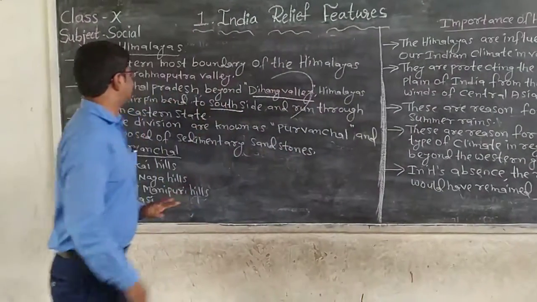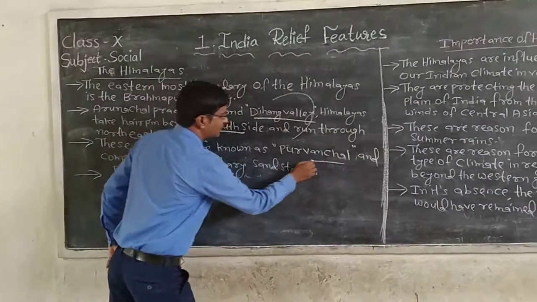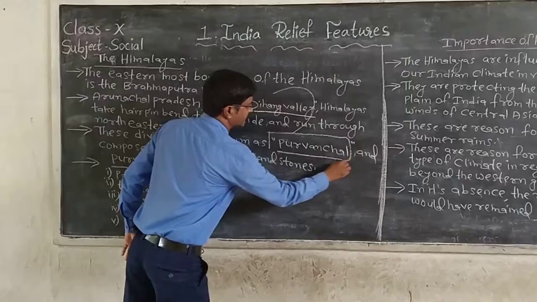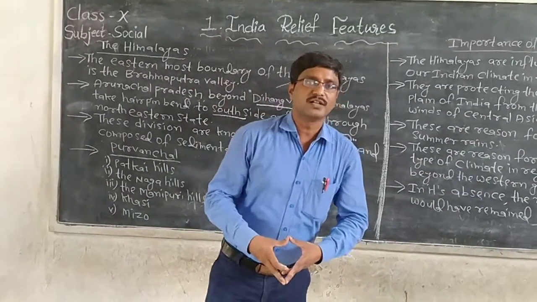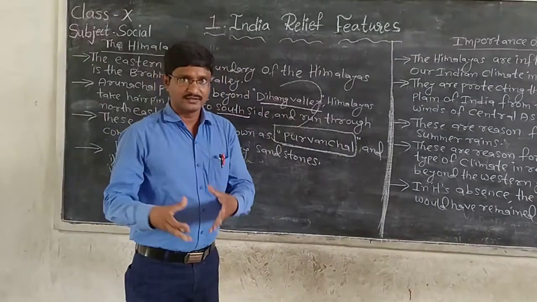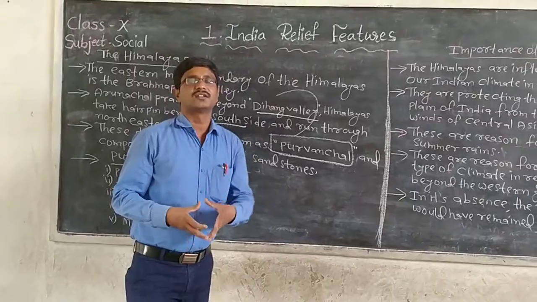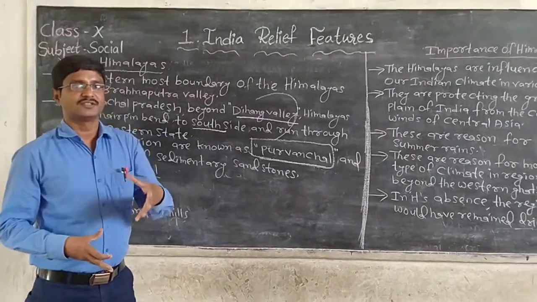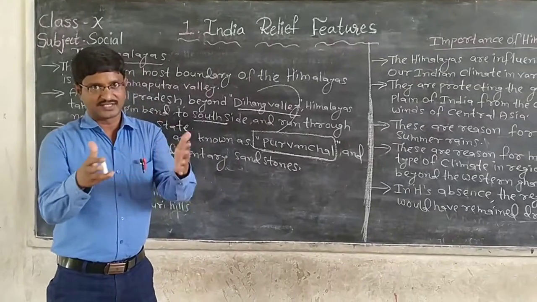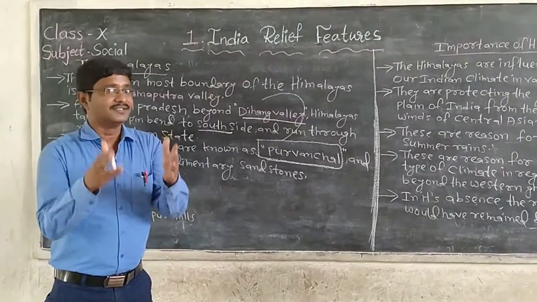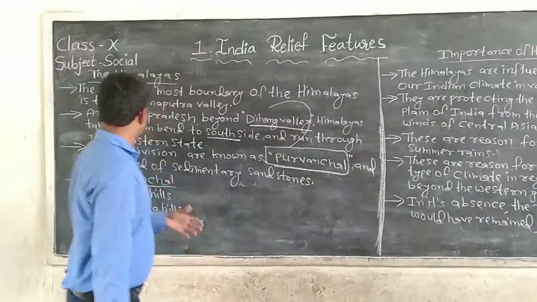In the northeastern states, the Himalayan mountains are called Purvanchal. So where are the Himalayan mountains called Purvanchal? In the northeastern states, after taking the hairpin bend.